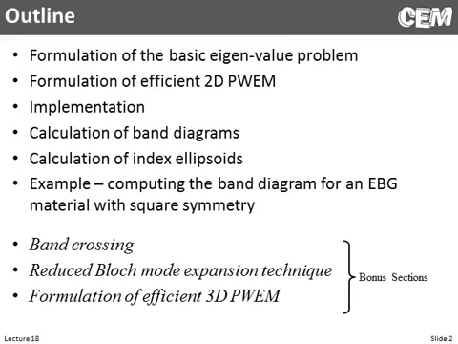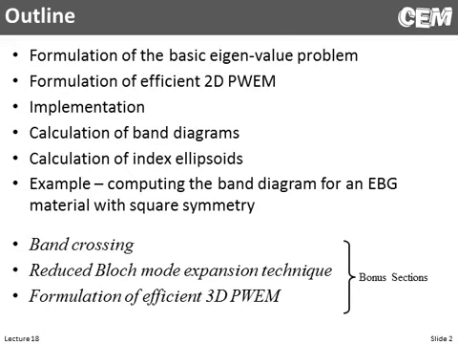I'll very quickly introduce calculating band diagrams, and then also calculating index ellipsoids or isofrequency surfaces. That will be brief, and then I'll illustrate that through an example, and I'll step you through every little step of calculating a band diagram of a bandgap structure.